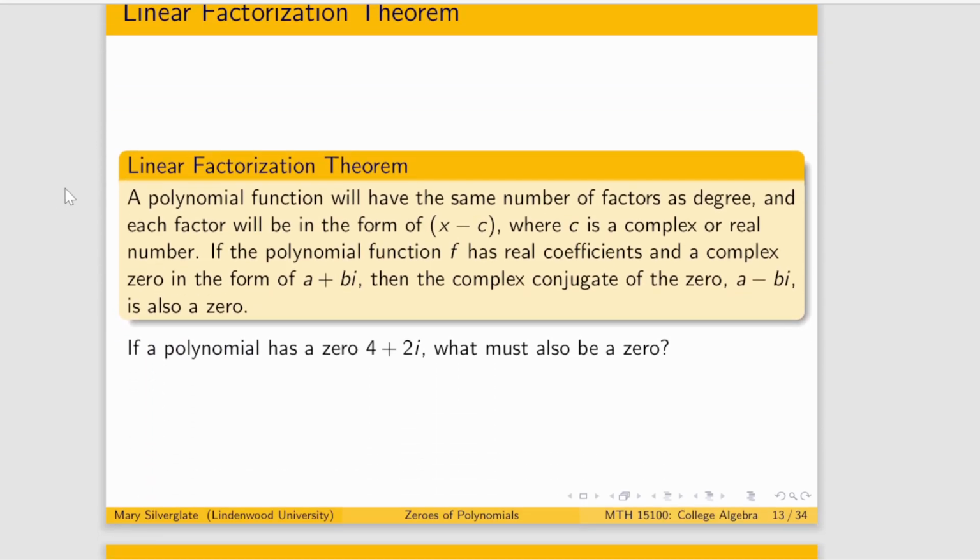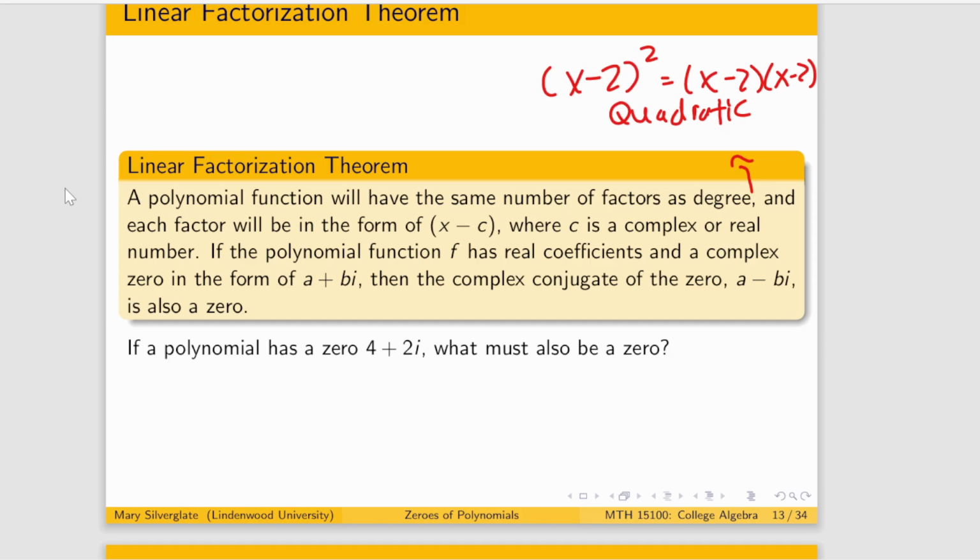So the linear factorization theorem is really a continuation of the factor theorem we were already thinking about before, which is to say that a polynomial function will have the same number of factors as the degree. So this is to say if I were to completely expand out, like if it factored into x minus 2 all squared, being x minus 2 times x minus 2, that would correspond to a quadratic, for example.